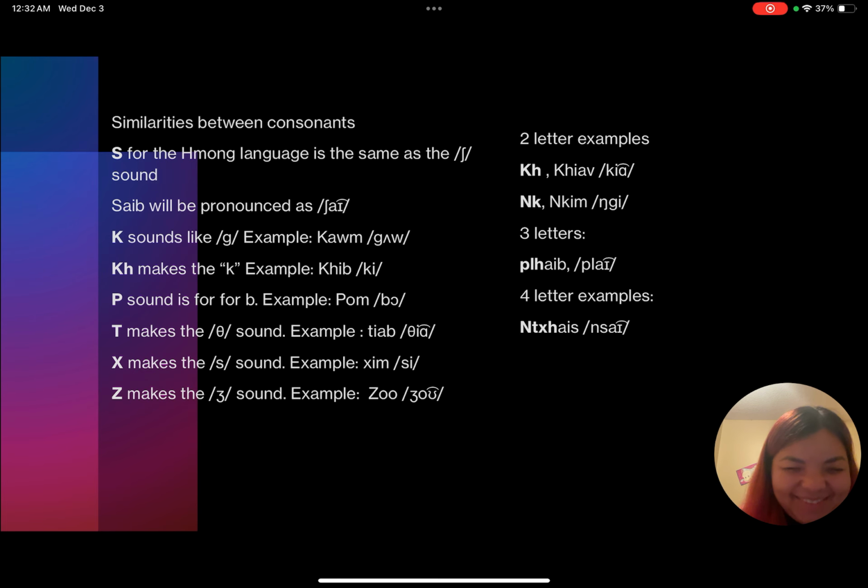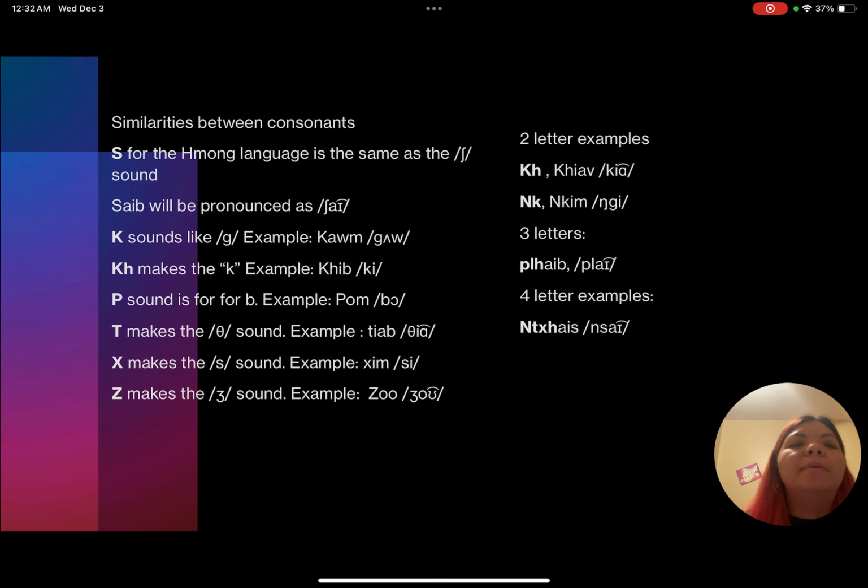For the K sound, like I said, some of the sounds are different. K usually comes out as a G sound. I have an example, and the transcription is the G, the little upward arrow thing and the W. G means learn.